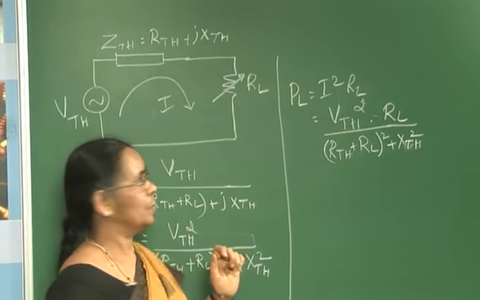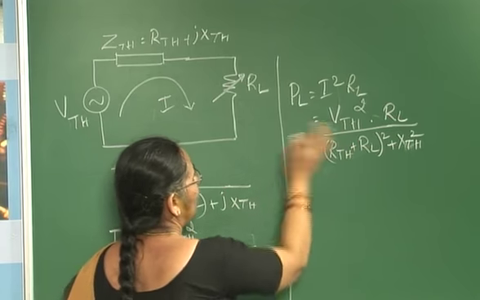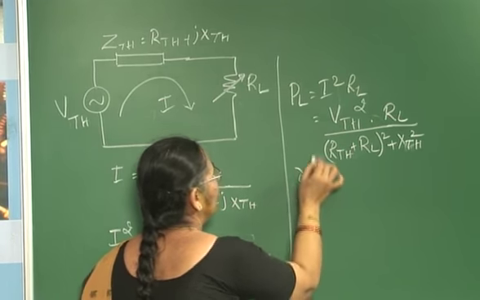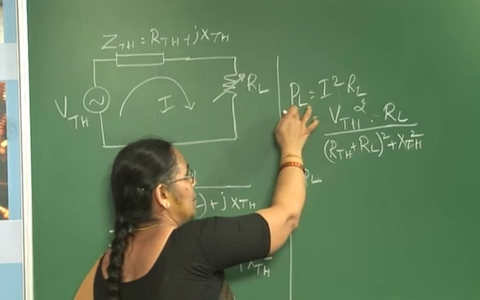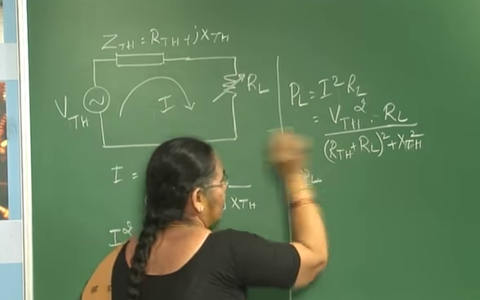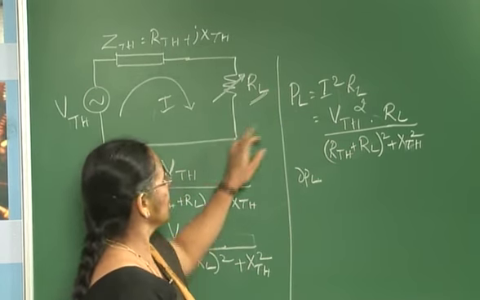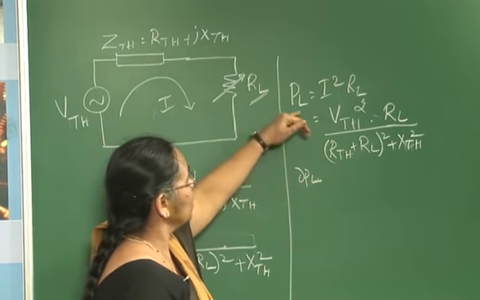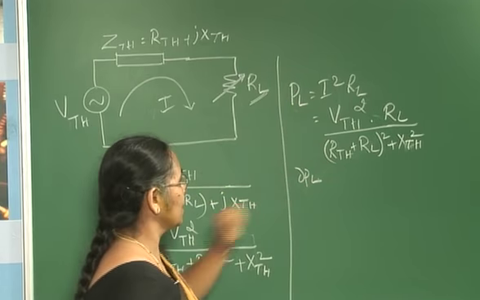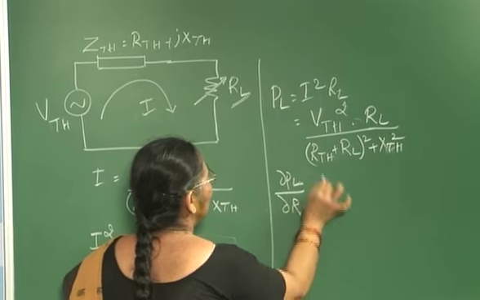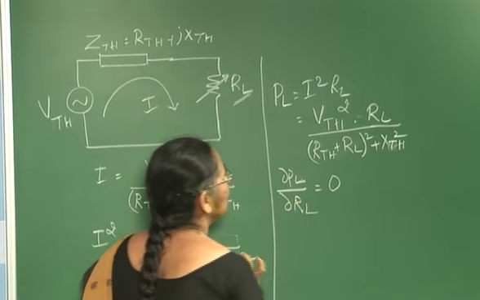Now for maximum power transfer to the load, we partially differentiate this expression with respect to RL, because RL is the load resistance which is variable. So differentiating with respect to RL, dou PL by dou RL should be equal to 0.